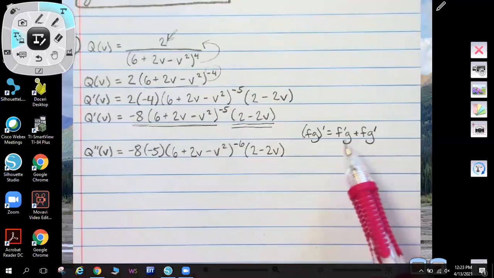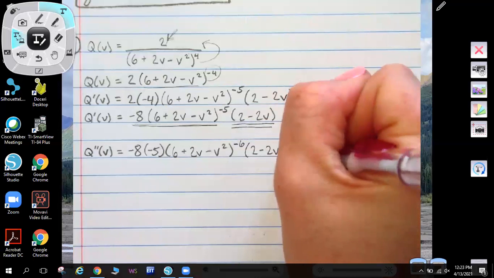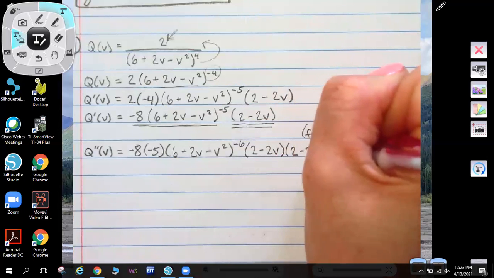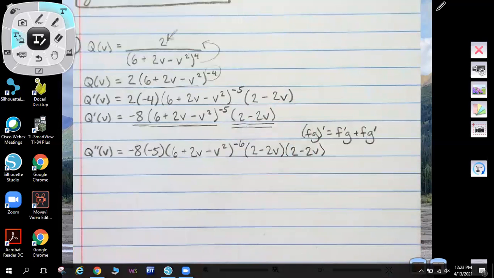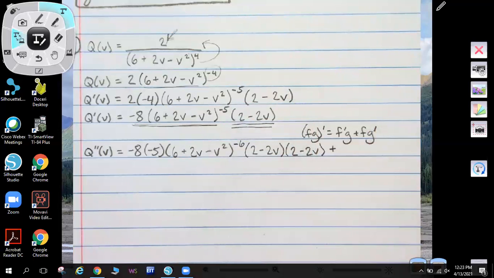So that was f prime. Now we have to multiply it by g, the second function, as is, which is also 2 minus 2v. Plus f times g prime.